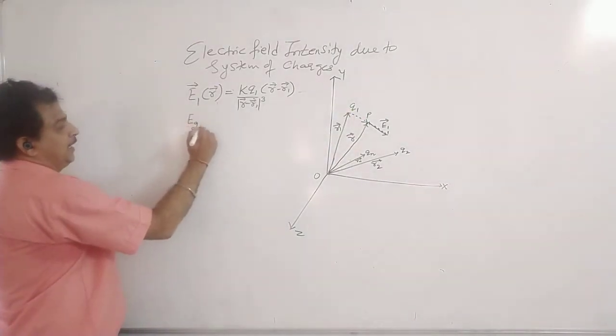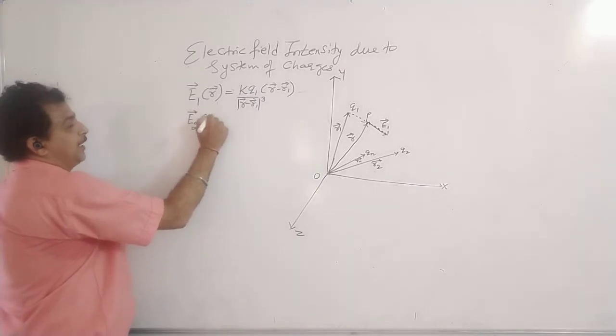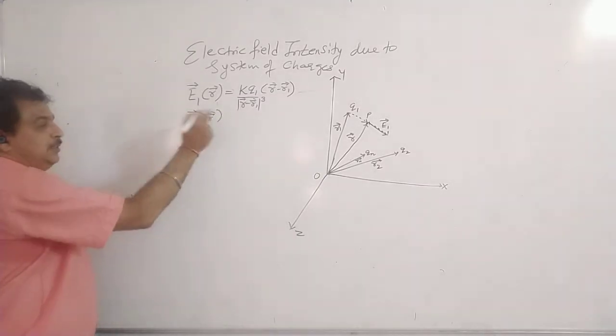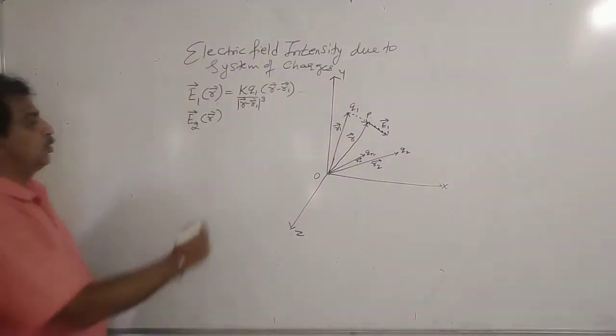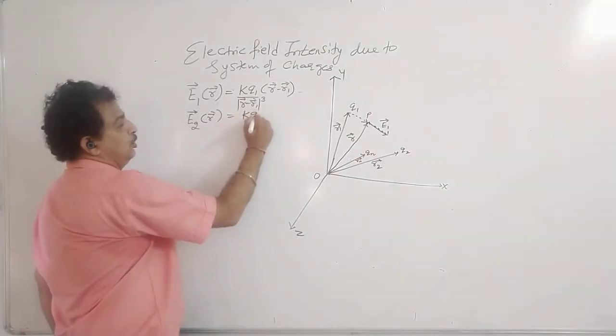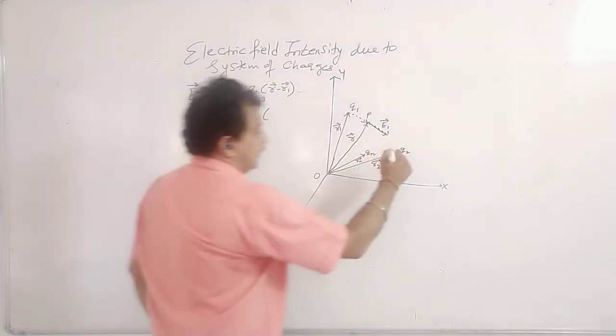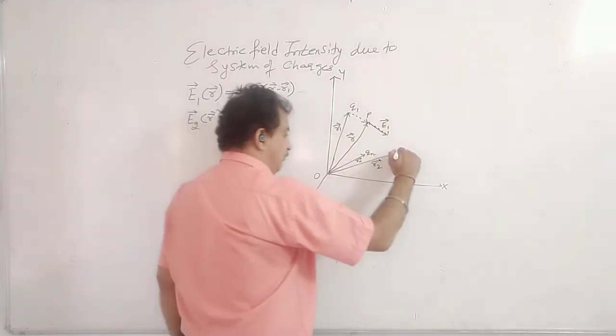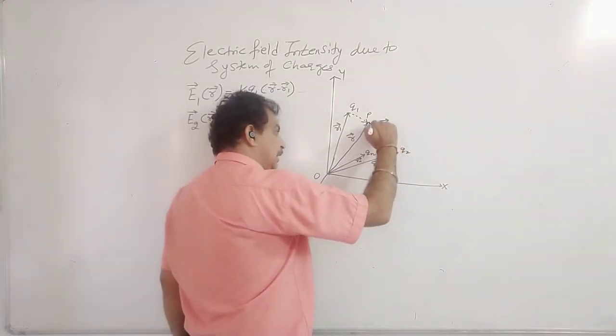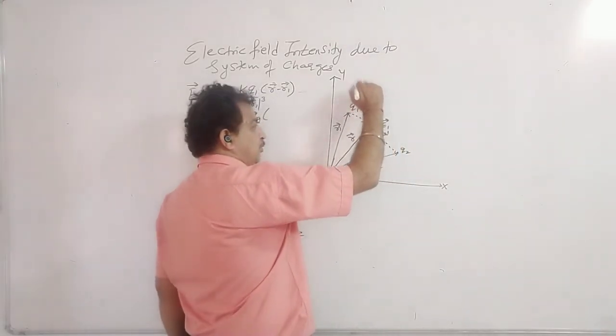Similarly, the electric field intensity again at point P due to Q2. Now the source is the Q2 charge. So K times source, and the distance between test and source. I will join this point, and the test charge will be repelled away.